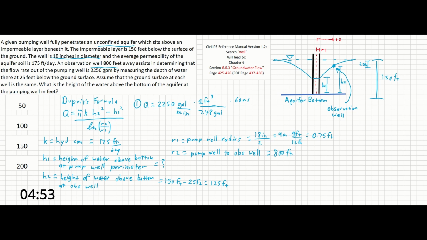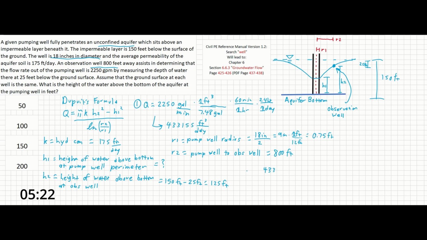So Q is gallons per minute. We want to convert this to cubic feet per day. Multiplying all that out, we get 433,155 cubic feet per day. And now we can set up the rest of the equation.